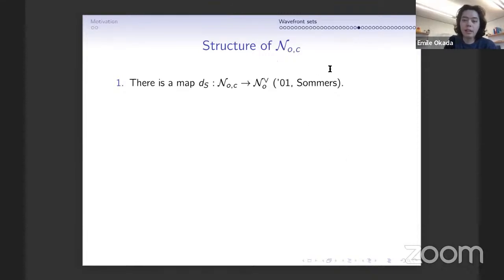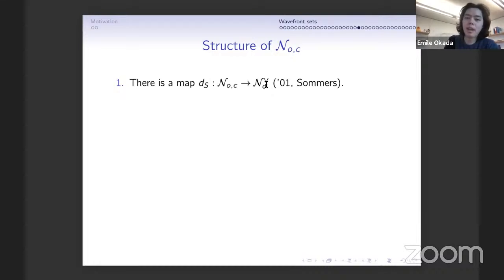So in 2001, Sommers defined this map, a duality map, which is a natural extension of the Spaltenstein duality map that I mentioned before, which goes from these pairs NOC to nilpotent orbits of the complex dual group.